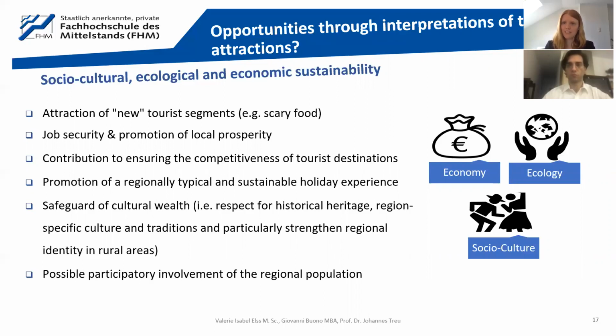Of course, if you're thinking about the sheep's head, it has the potential to attract, for example, new tourist segments, like maybe younger tourists who wouldn't be primarily motivated by cultural heritage to travel to a given destination. Also, you can foster job security, and there's a link to the branding of a touristic destination.